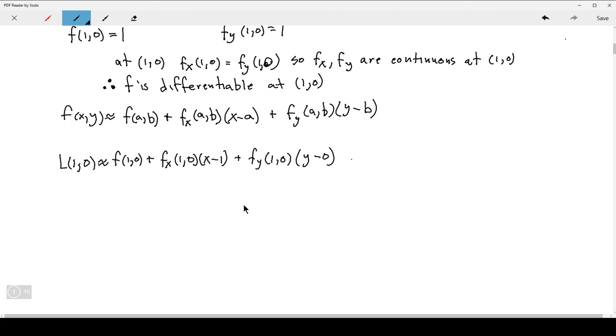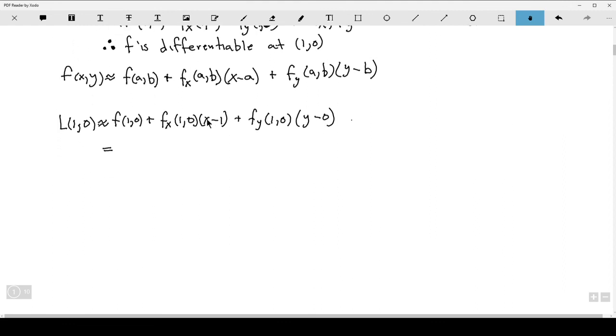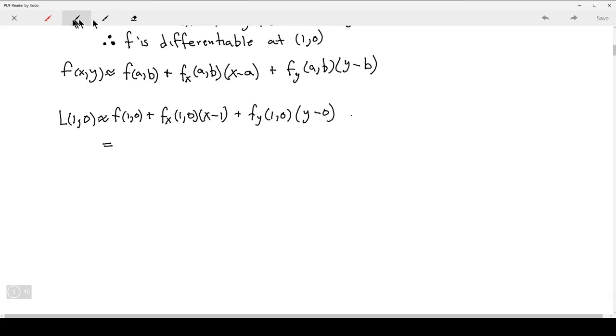Okay. All right, so now I can just drop everything in. So this is going to be equal to f of 1, 0. All right, so if I go back to my function, there's my function right here. So at 1, 0, if I put 1 in here, 1 in there, 0 in there, that's e to the 0. That's 1. So the whole thing, once again, is equal to 1.